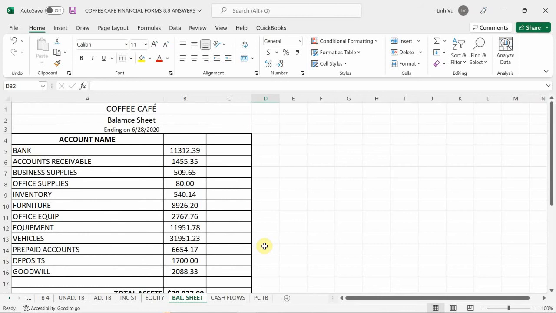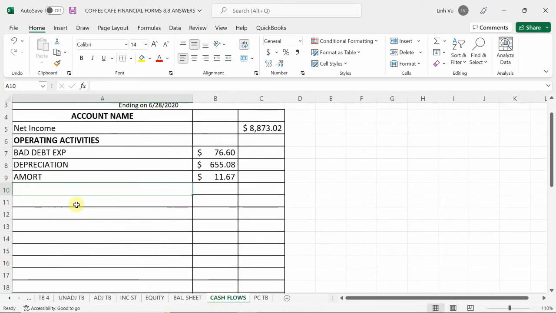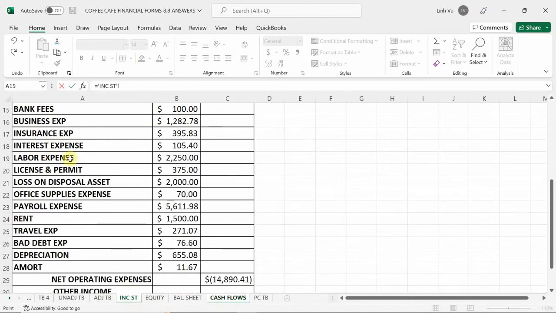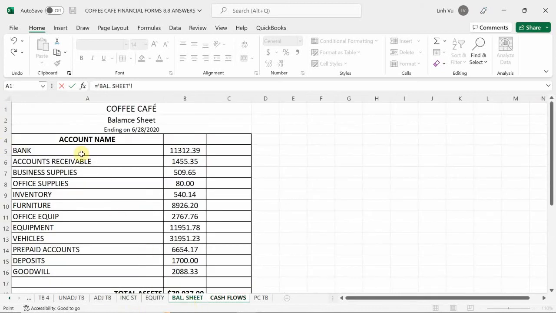Now, the first one I have here is accounts receivable. Now, this is the question: did I receive cash from my accounts receivable? Well, did I? No. Did I actually receive actual physical cash? No, right?